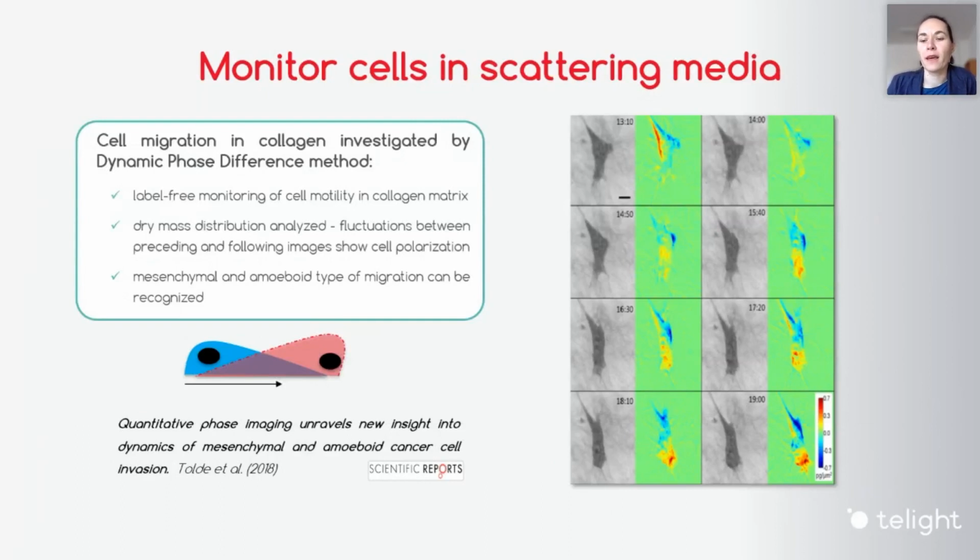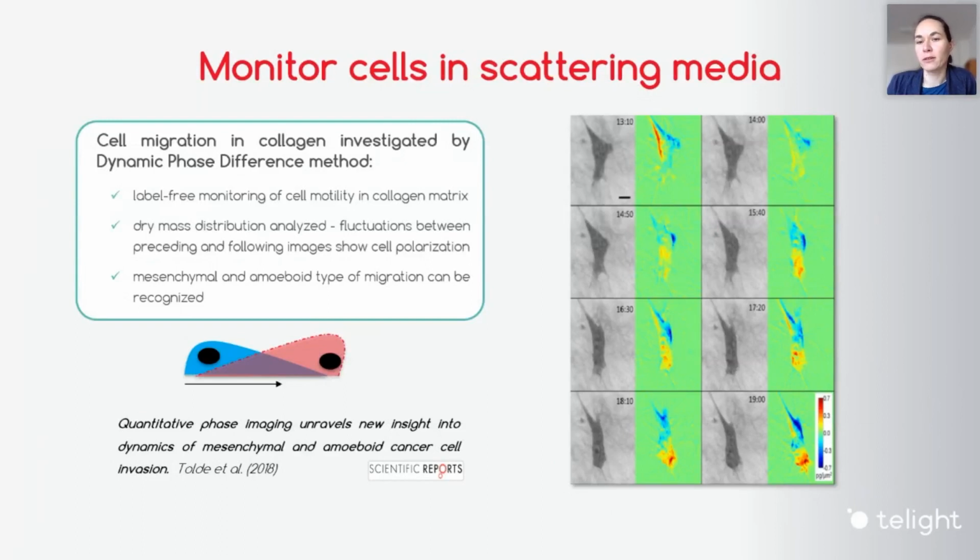And you can see on the images, the gray ones are actually the QPI data, but the color coded ones display the difference between two following images. So the red color shows the parts of the cell where the dry mass increased, and the blue color shows the decrease of the dry mass.